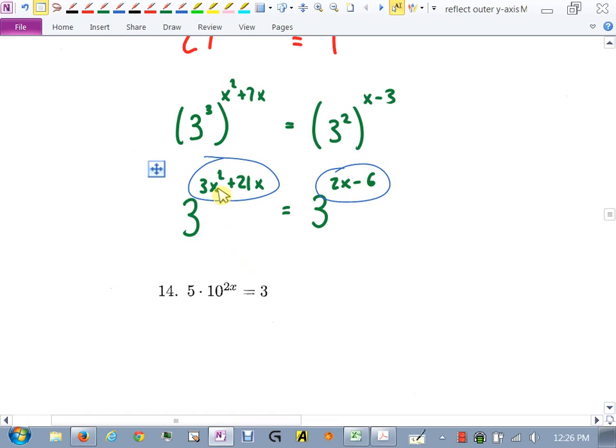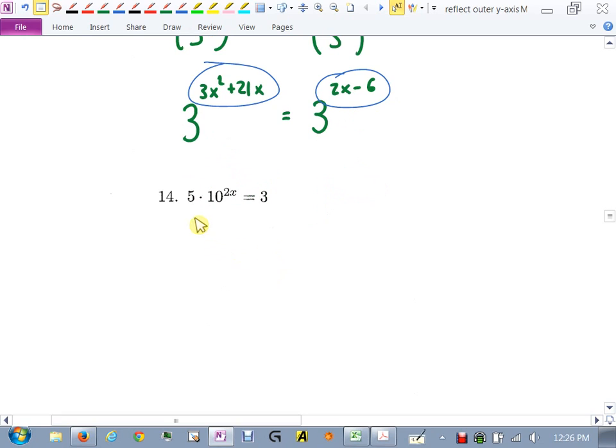With exponential functions, you don't have any domain restrictions, so it's going to work because you didn't do anything weird like square both sides of an equation that creates extraneous solutions. So they should both work if there are two of them. All right, next one.